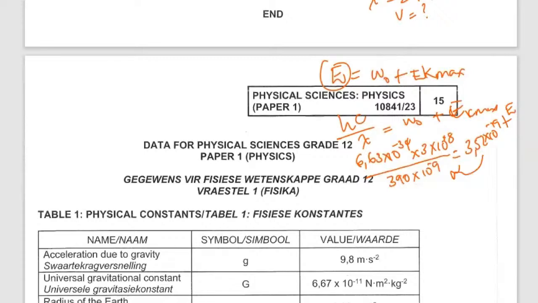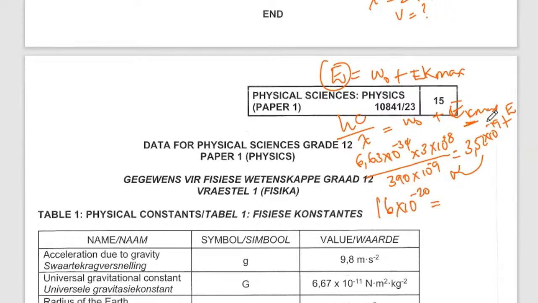Then I'm subtracting 3.52 times 10 to the negative 19. So I'm getting 1.6 times 10 to the negative 19.